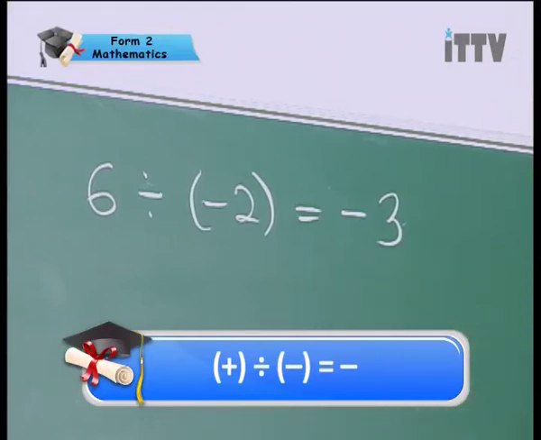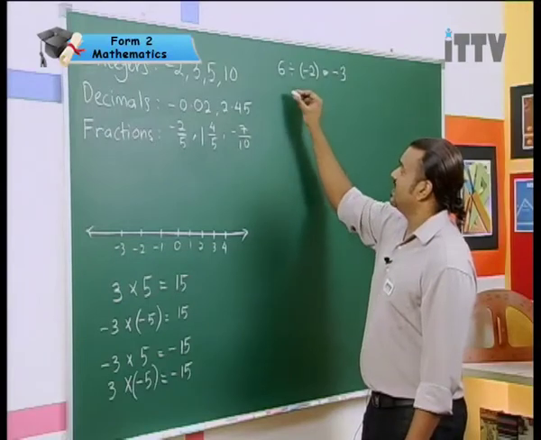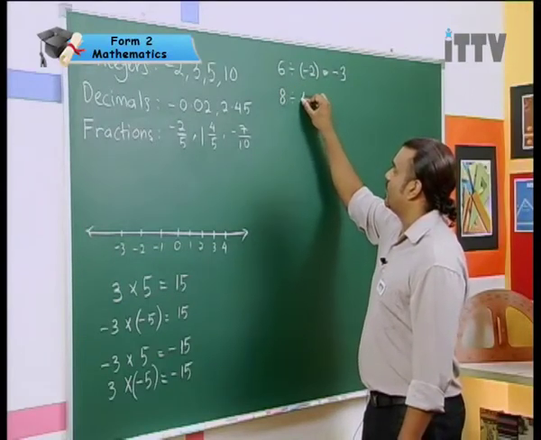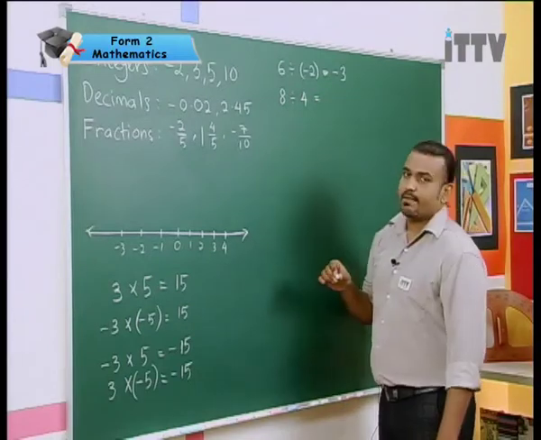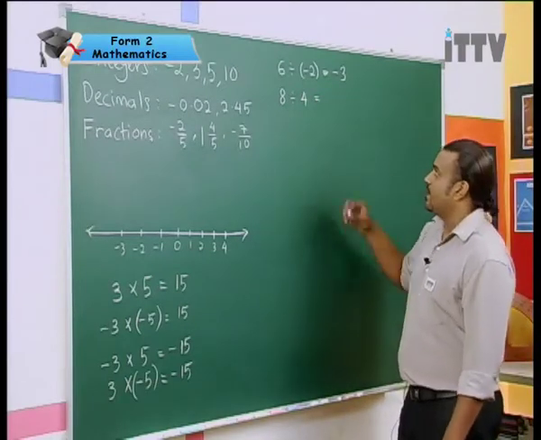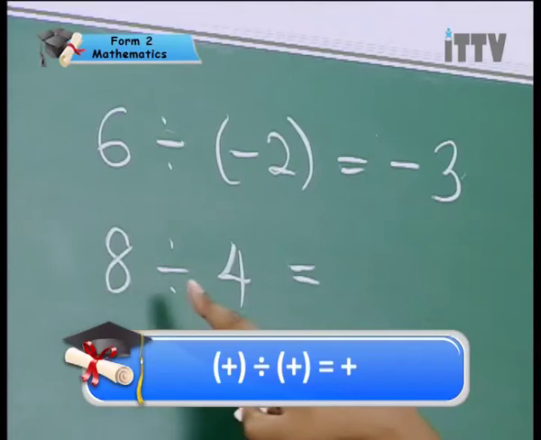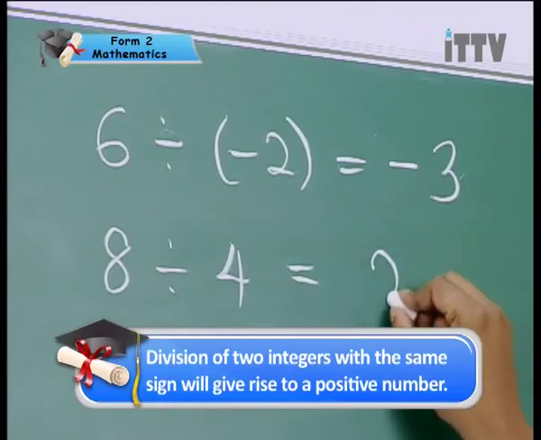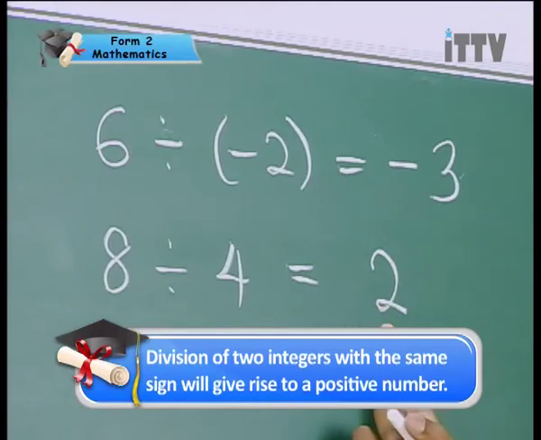What if I make a few more examples for you to do? Say suppose I give you 8 divided by 4. Now 8 divided by 4 is a positive integer divided by a positive integer. The signs are the same, aren't they? So if the signs are the same, then the answer is going to be a positive integer. It's similar to multiplication, isn't it?